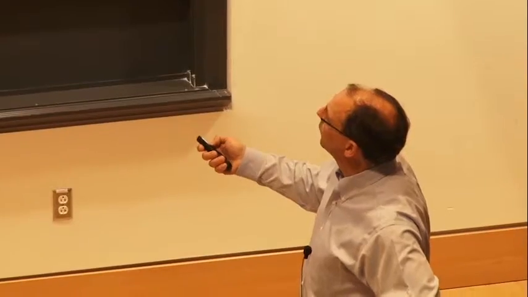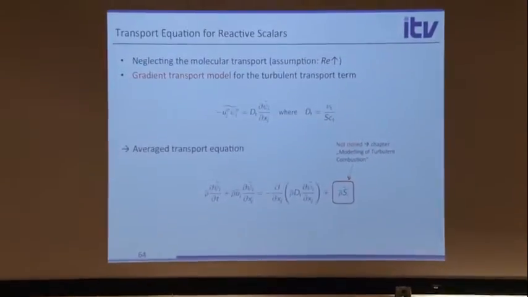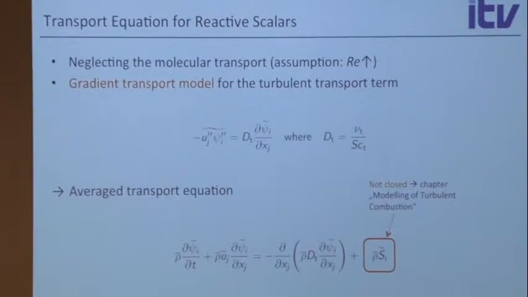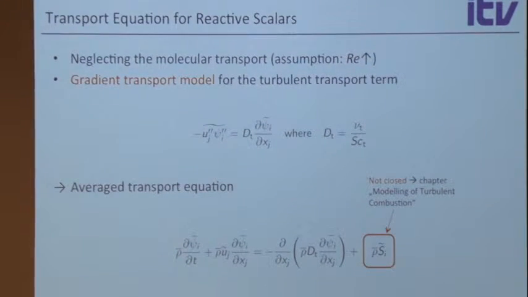The chemical source term is so nonlinear that you would expect something big to happen in this correlation term, given the fact that the Reynolds stress term already made a huge difference. So that's something to keep in mind, and we'll talk about this in one of the next lectures: what the error is we make when we model this in a naive way, and also how we can model this in a better way, maybe.